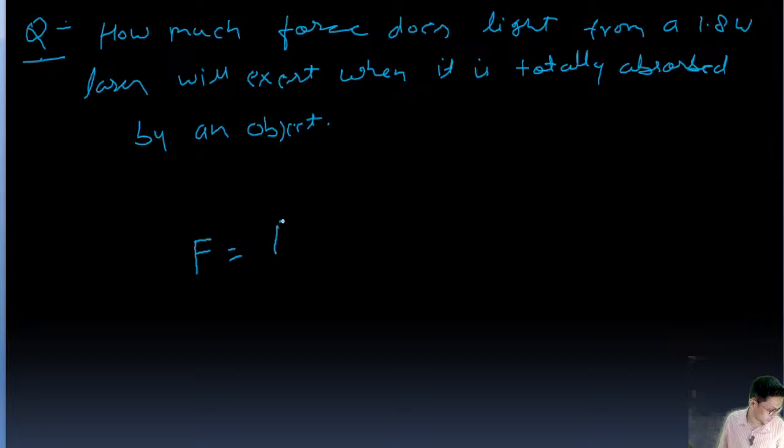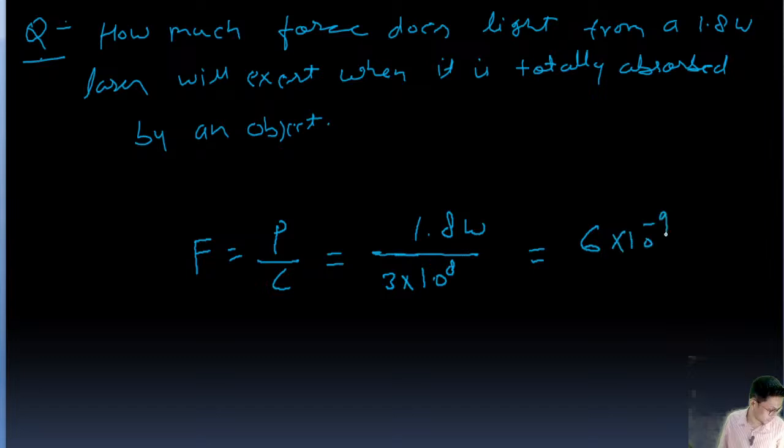So F is going to be P upon C. P value is given, that is 1.8 watt, upon C, 3 into 10 to the power 8. We'll solve it, so this is going to be 6 into 10 to the power minus 9 Newton.